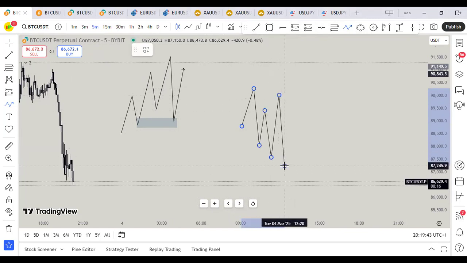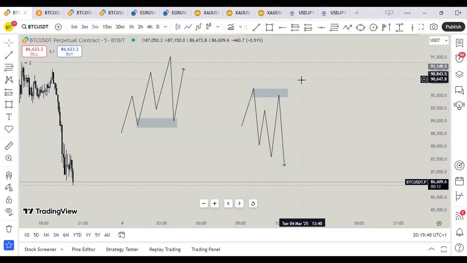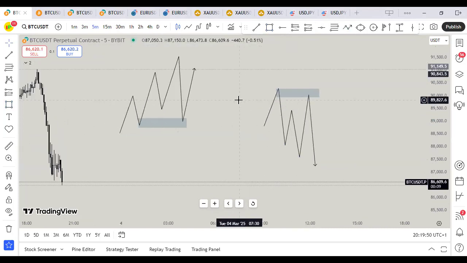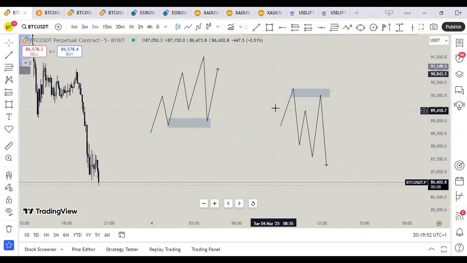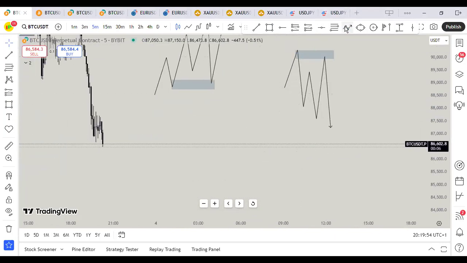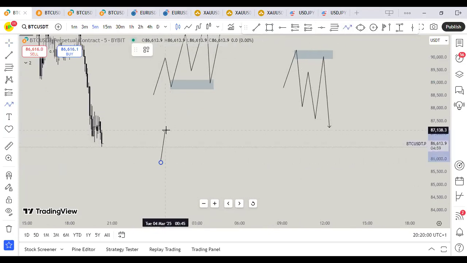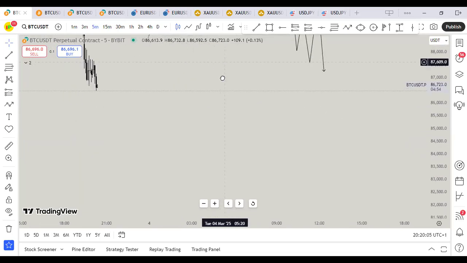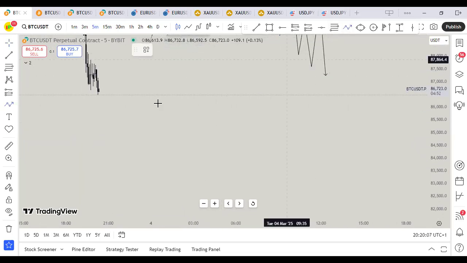Let me draw them out for you. So this is the bullish version and this is the bearish version. Now, there's one more that I also like to trade. Let me draw them out for you again. Sorry.